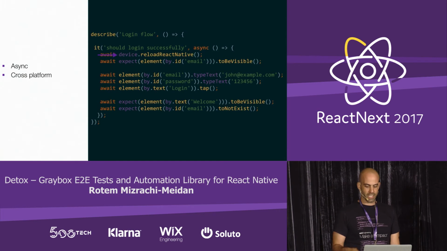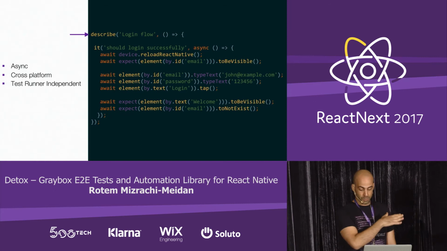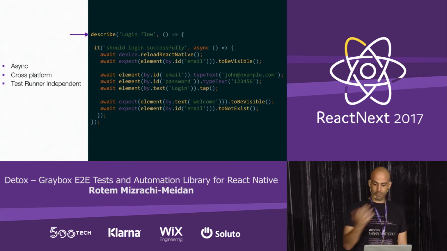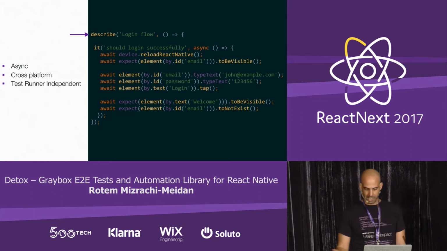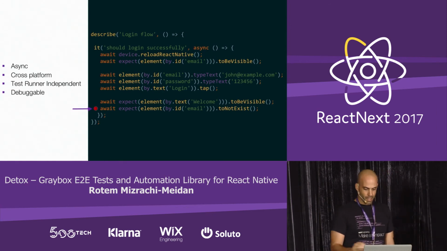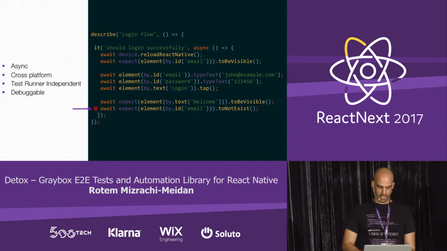The test code is unaware of the platform it tests. It is test runner independent. This example is written with Mocha. People have already used Jest to run Detox. We're not picky. And it is debuggable. Using native constructs, such as modern async await, instead of putting everything in a promise queue, means that breakpoints will work as expected.